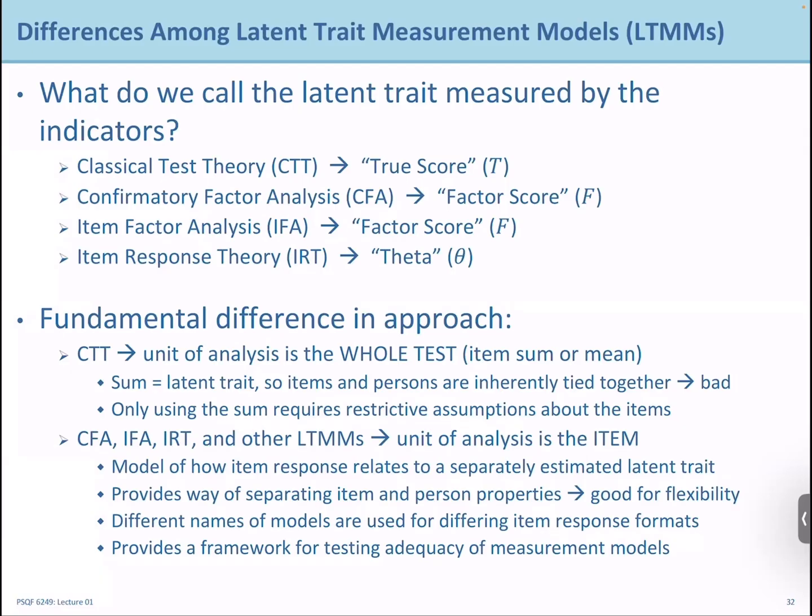In factor analysis, we call that the factor score. Sometimes we call it F. In item response theory, we substitute that idea with a Greek character theta, and theta is still the same thing, right? If it's intelligence, it's still intelligence, it's just a different symbol. If we do item response theory in education, sometimes we call that ability.